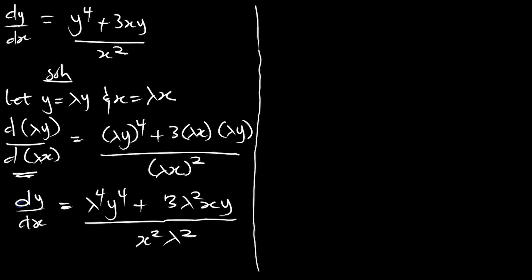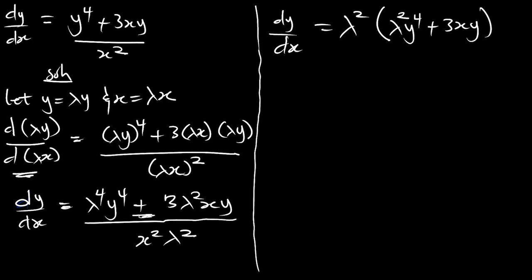dy/dx is equal to, we are doing some factorization from the top side. We can factorize lambda square out, giving us lambda square times y to the power 4 plus 3xy. Then here too we can bring out lambda square, giving us x square.